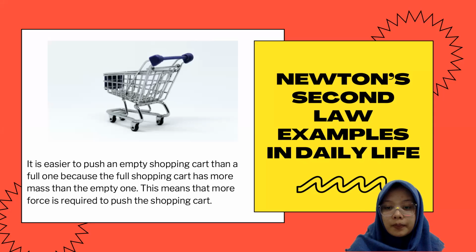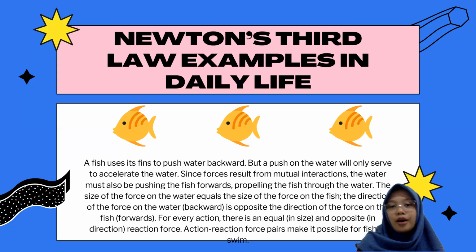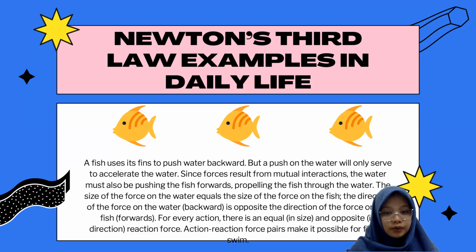An example of Newton's third law in daily life is a fish using its fins to push water backward. Pushing the water will only serve to accelerate the water. Since forces result from mutual interaction, the water must also be pushing the fish forward, propelling the fish through the water.